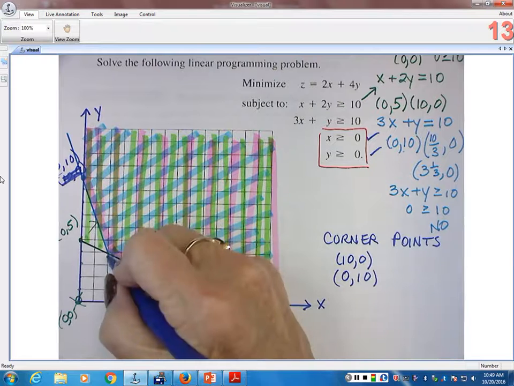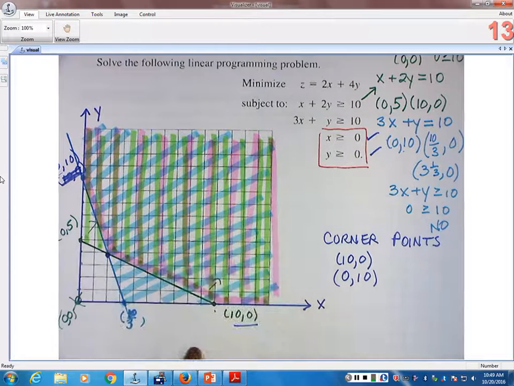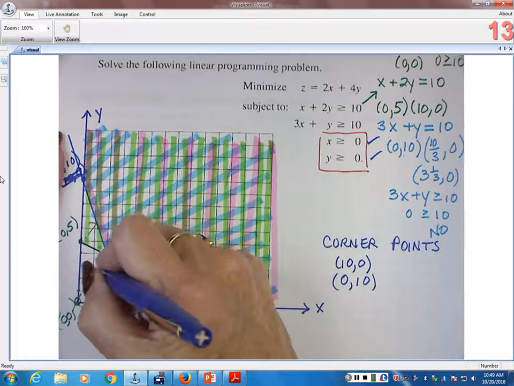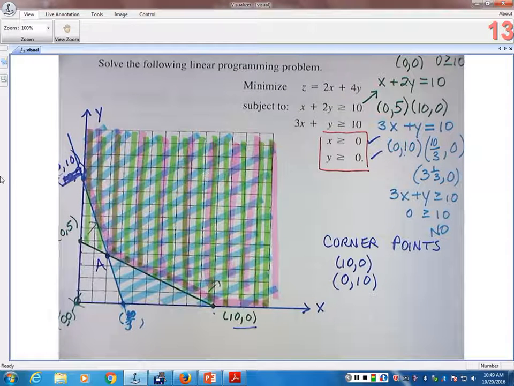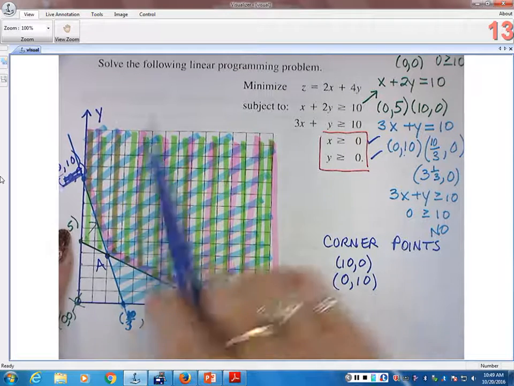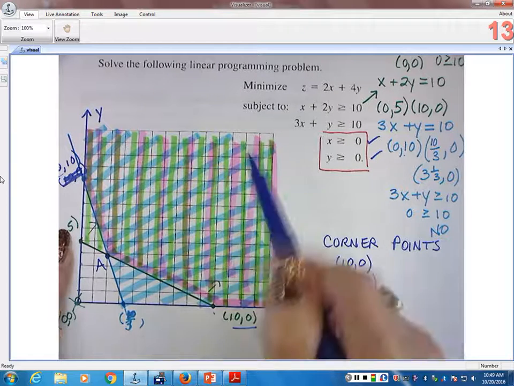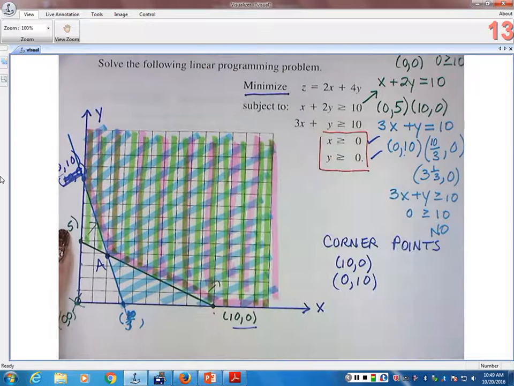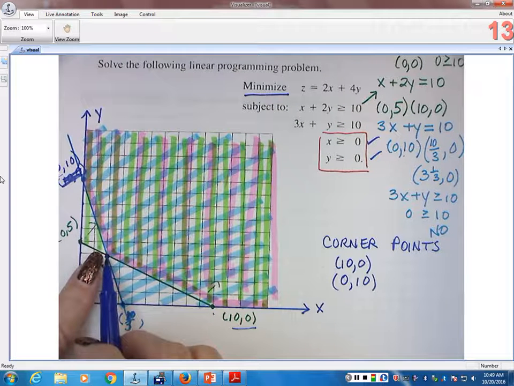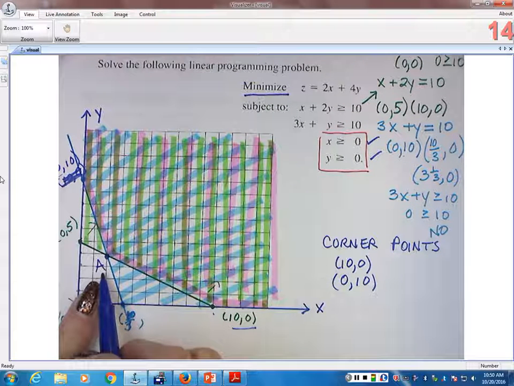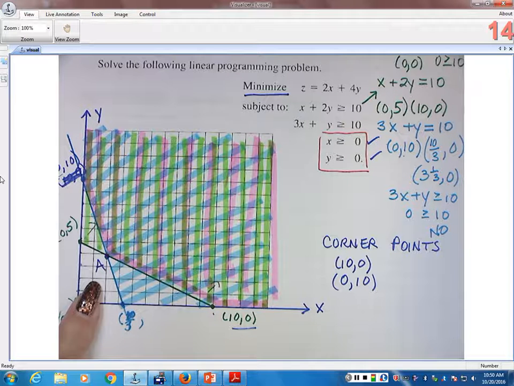But we also have one more corner point, right there. Point A. Now this is an unbounded region because that shading continues on out forever, but that's okay because we're trying to minimize the function, so we're going to be looking for a minimum value. And the corner point that's most likely to work is this point A. But we will test them all, but we first need to find what is the value of A.